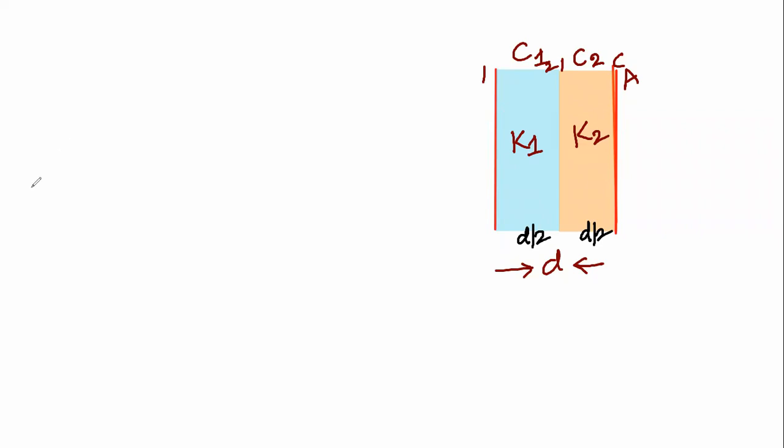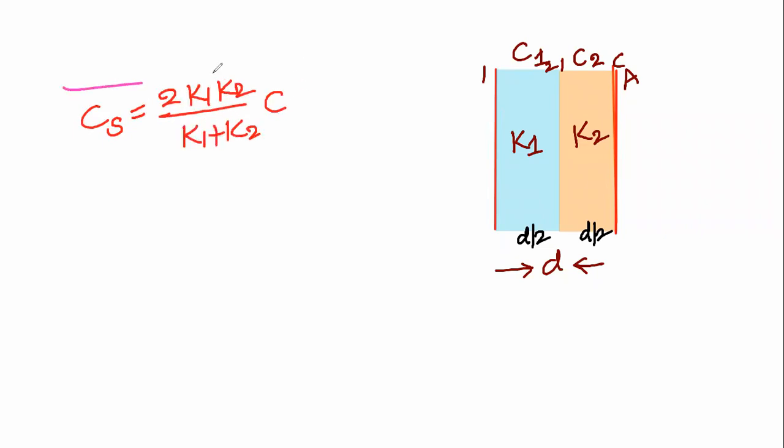So the effective capacitance is CS is equal to 2K1 K2 divided by K1 plus K2, into C. This is the effective capacitance of the system.